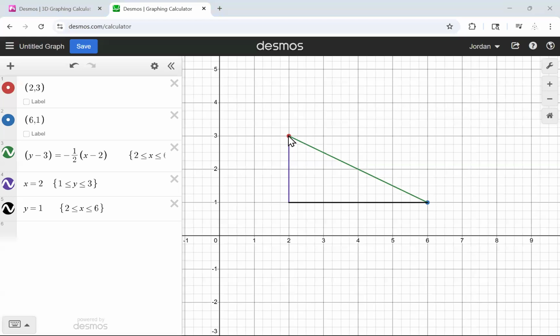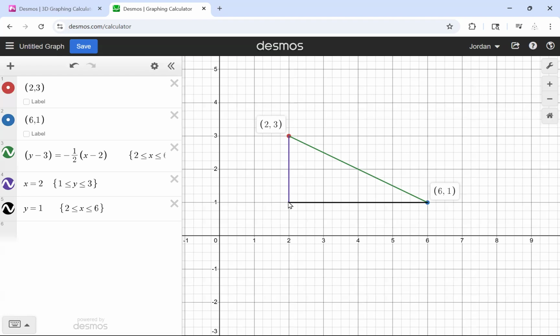In other words, let's say I want to calculate the distance from the point (2, 3) to the point (6, 1). So I want to calculate the distance of this line here that connects those two points. Well, I can draw a right triangle. The right triangle has legs, one of which goes from a y value of 3 down to a y value of 1.